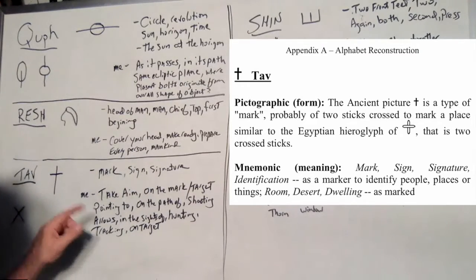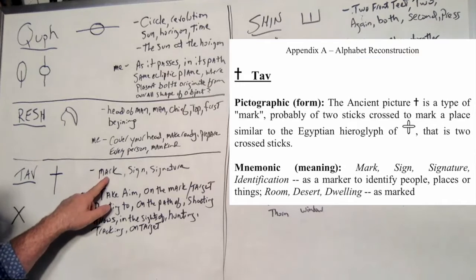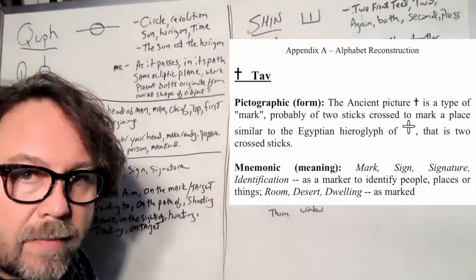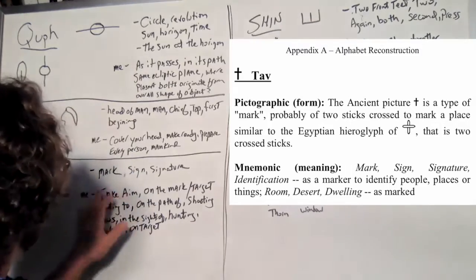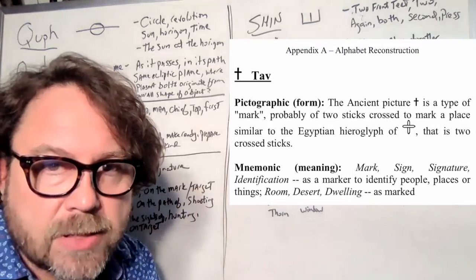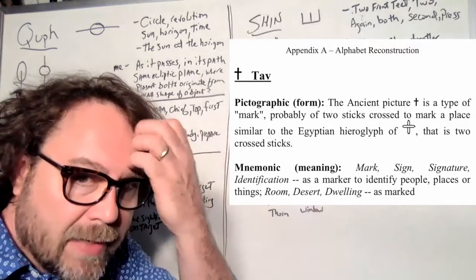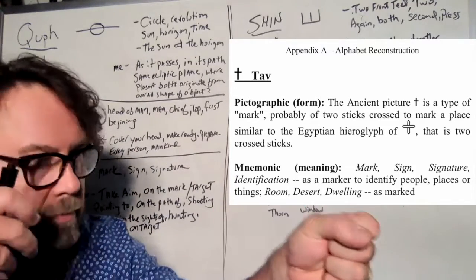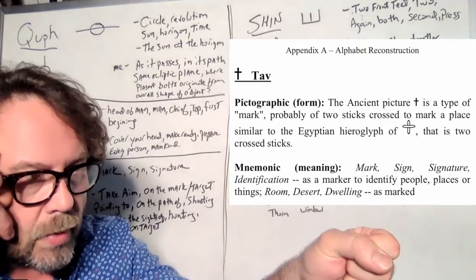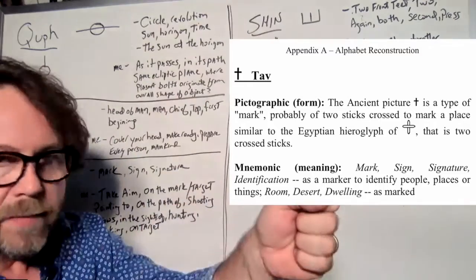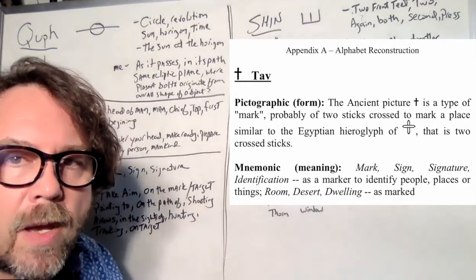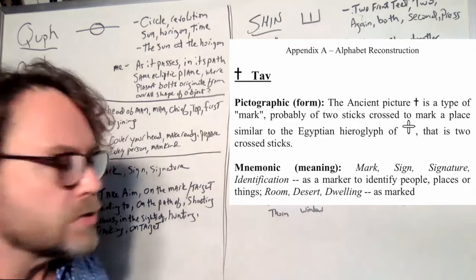Okay, it means mark, sign, signature. Mark, sign, signature. Now, from our ancient Hebrew perspective, I'm taking this as like a bow. Literally like a bow, because you have the bow up here, then you have the little platform that you rest your arrow on.